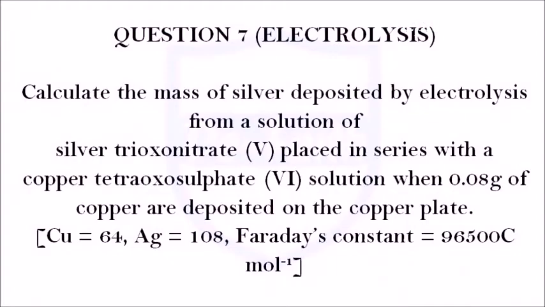Next, calculate the mass of silver deposited by electrolysis from a solution of silver trioxonitrate(V) placed in series with a copper tetraoxosulfate(VI) solution, when 0.08 gram of copper is deposited on the copper plates.